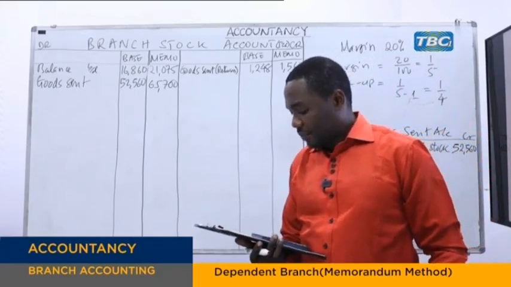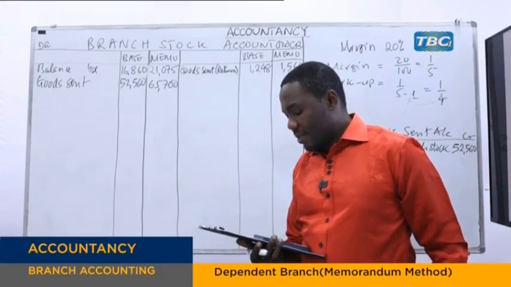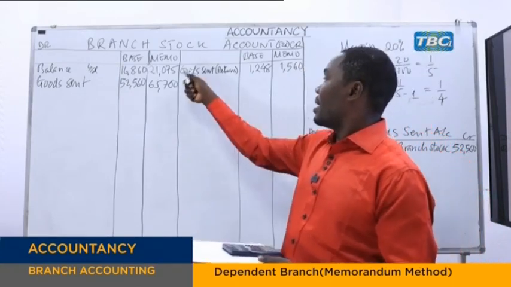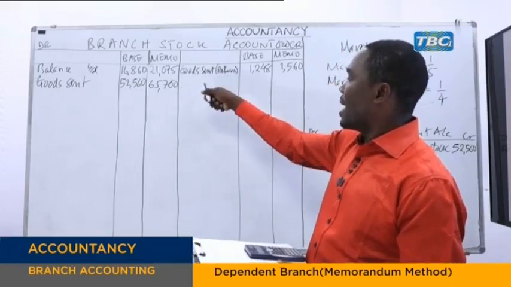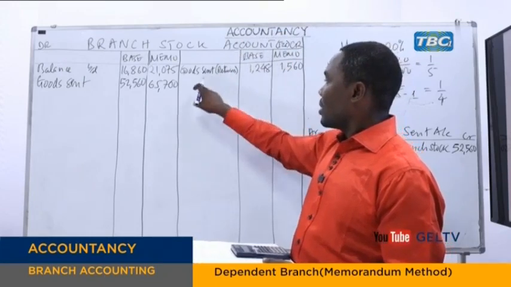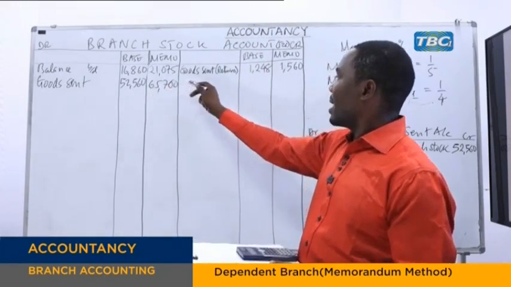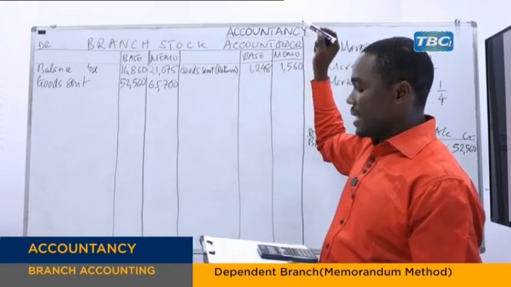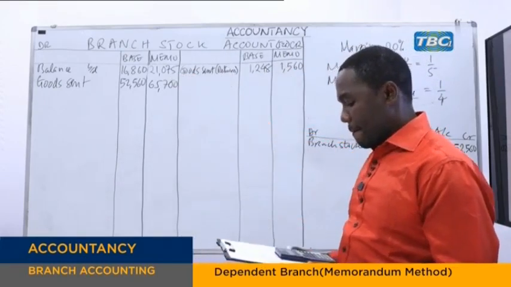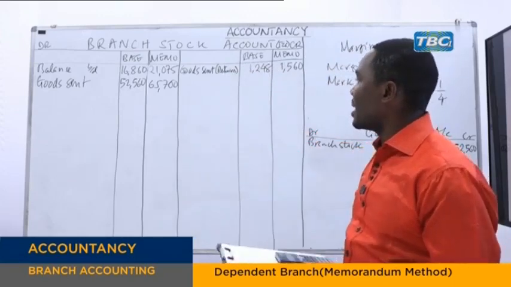What next? Returns of goods by branch debtors to the branch at selling price. So the branch debtor, if we assume that there was a sale to debtors, and of course we shall see them later. These are sales to the debtor. So this debtor returns these goods which were previously sold to them by the branch.